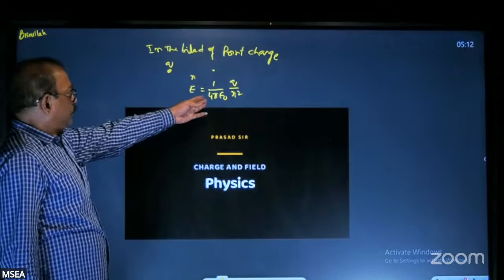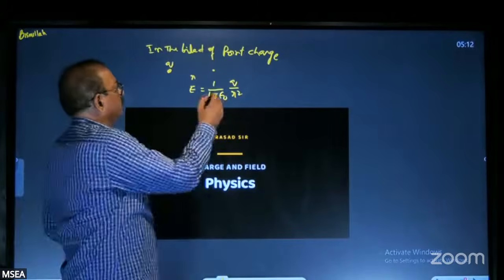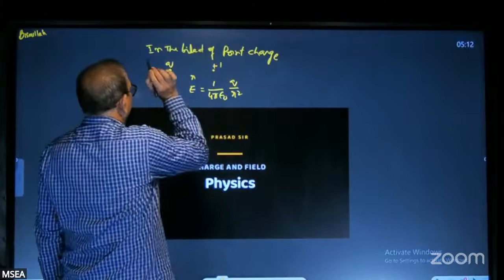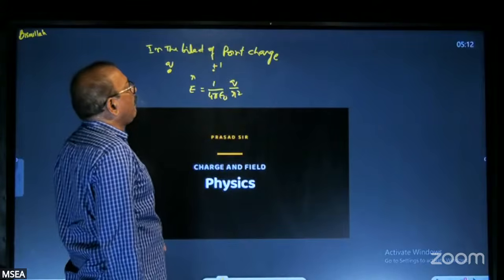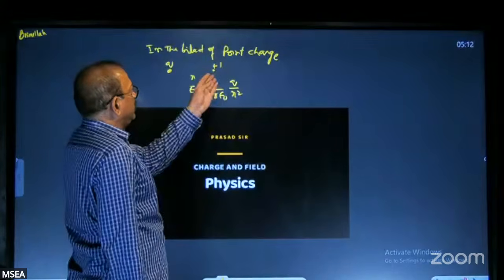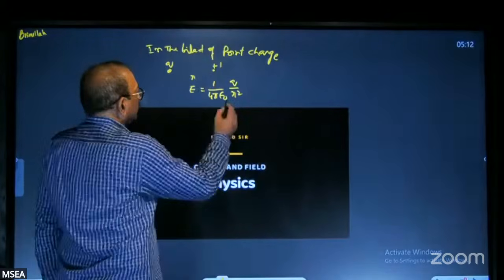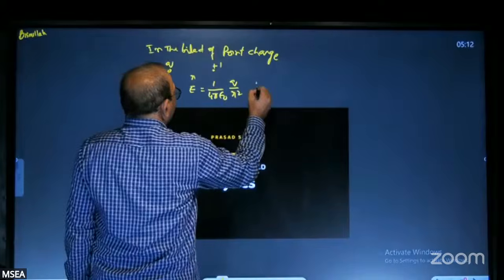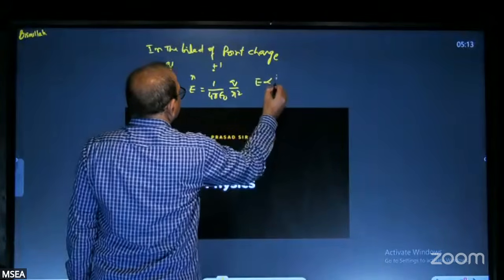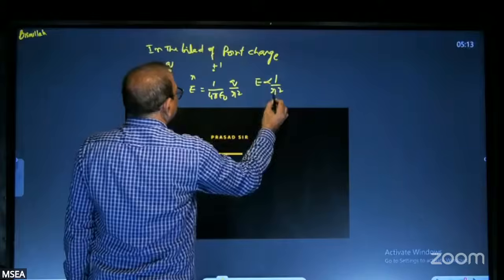This is the force experienced by a unit positive charge due to this point charge Q. Force on unit positive charge is the intensity of electric field E. So in the field of a point charge, intensity is inversely proportional to r square.